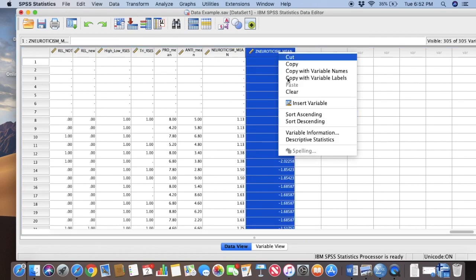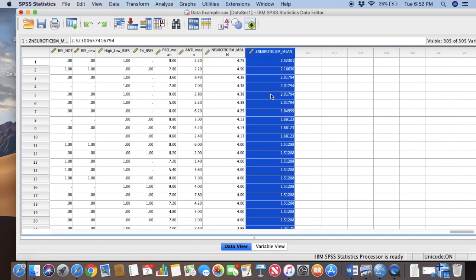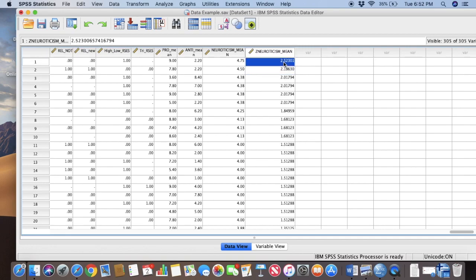So we don't have any outliers on the negative end. So let's go ahead and sort descending. And as well on the positive end, our highest positive z-score is 2.52. So obviously we don't have any outliers. But let's say we had a raw score that had a z-score of 5. Well, 5 would be higher than +3, therefore it would be considered an outlier.